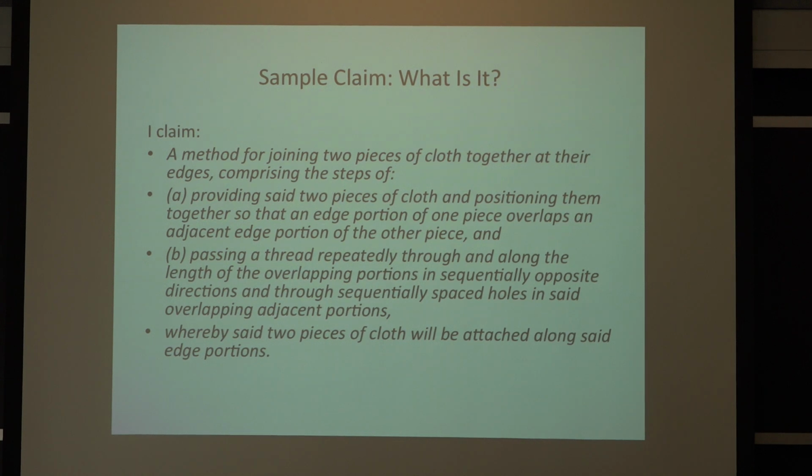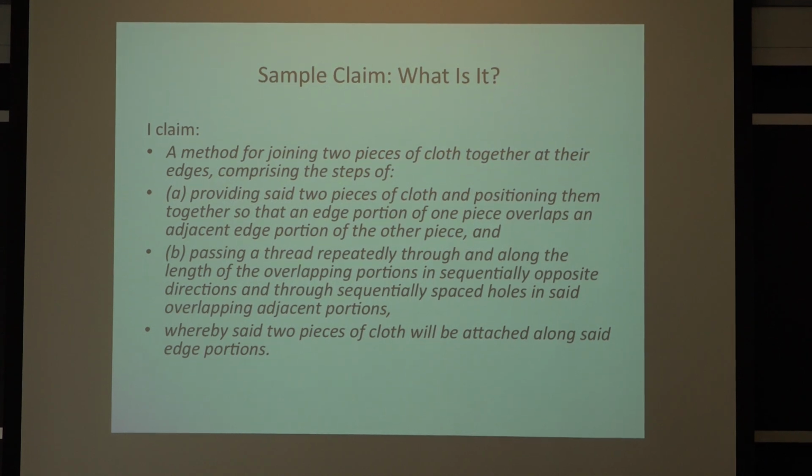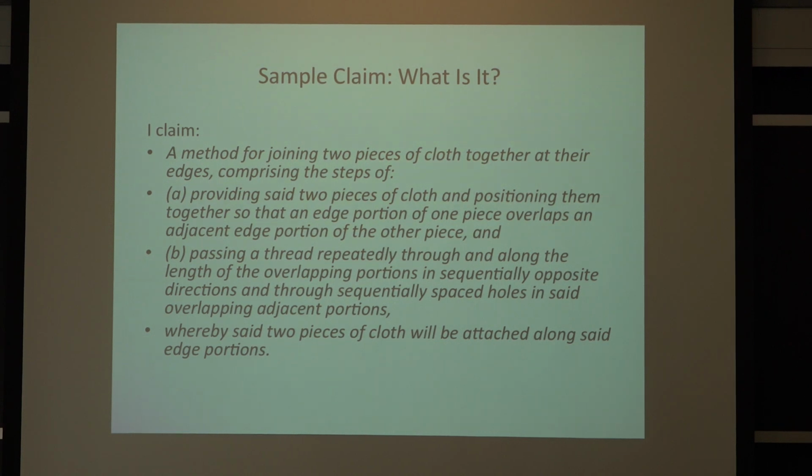A method for joining two pieces of cloth together at their edges, comprising the steps of: A, providing said two pieces of cloth and positioning them together so that an edge portion of one piece overlaps an adjacent edge portion of the other piece; passing a thread repeatedly through and along the length of the overlapping portions in sequentially opposite directions and through sequentially spaced holes in said overlapping adjacent portions, whereby said two pieces of cloth will be attached along said edge portion. Can anybody guess what this is a claim for, or would be a claim for?